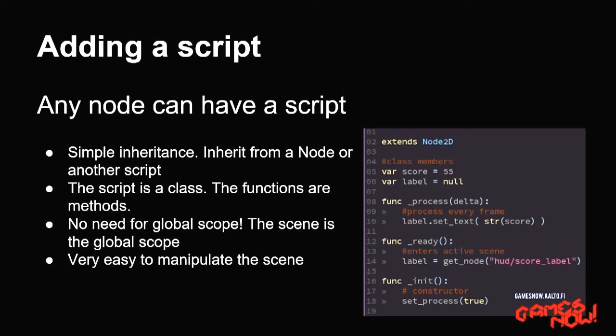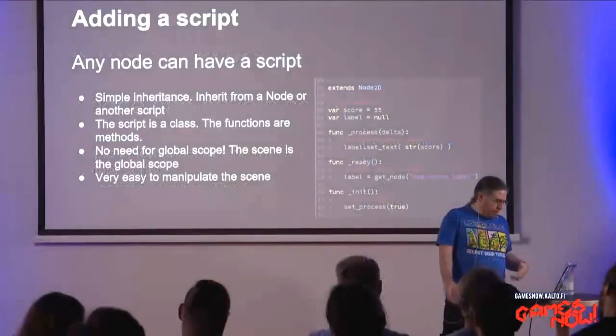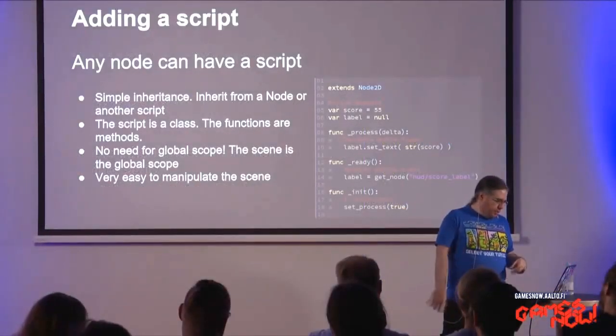So if you call a method on the node, you're calling a method from the script, or maybe you're calling a method from the native API of the node. It doesn't make a difference. The script complements the node in the most straightforward way possible. You don't need to think about how to use the script, you just use it.